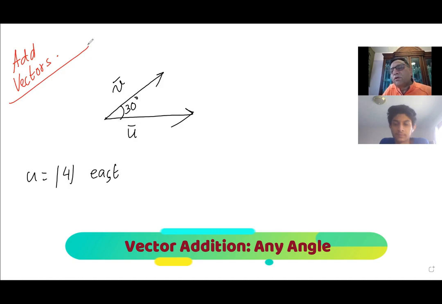To add vectors, we place one of the vectors on the other such that the head of one vector and the tail of the other match. Whenever we have a vector, this position is called the tail, and this position is called the head.